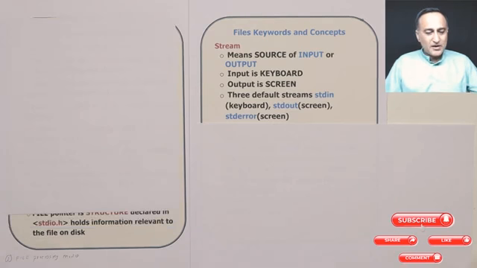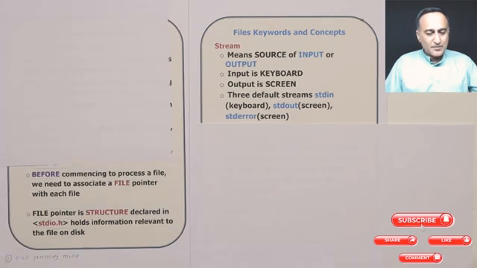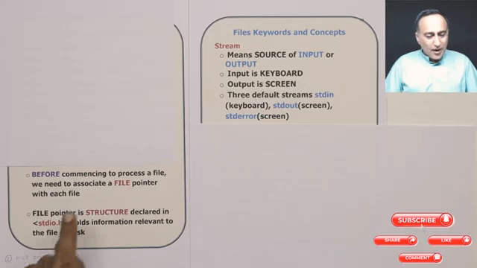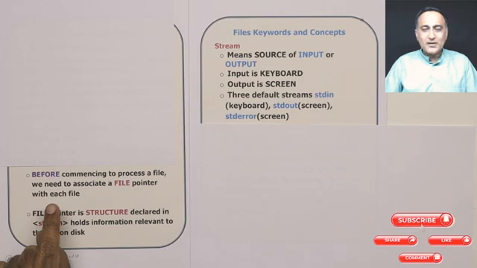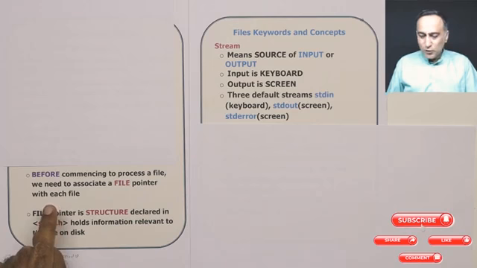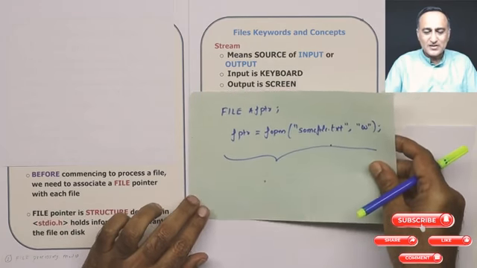Now, before we jump into writing programs, I need to just explain a few important concepts. Before you actually start to open a file, process a file, write onto a file, read from a file, you need to do something like this. What is this something?